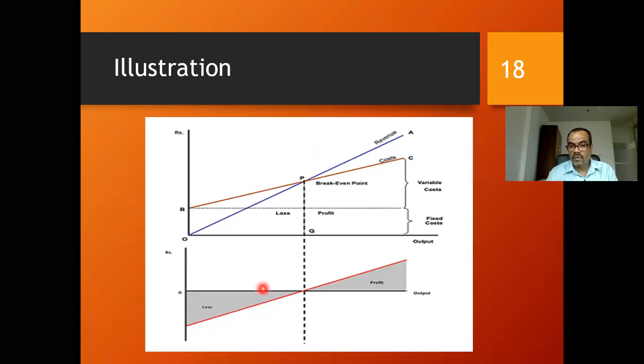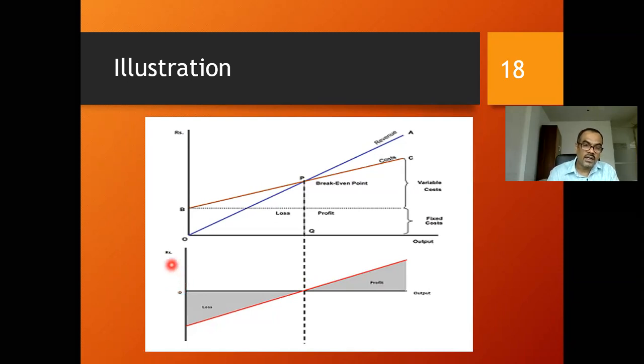The x-axis is your output. When the output is at this level, 6,000, the y-axis shows you zero. That means the profit. Since this is a profit chart, we do not show any other things.